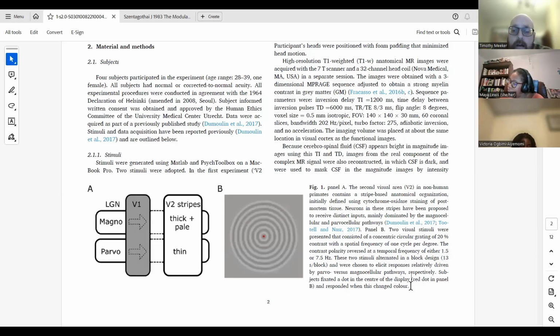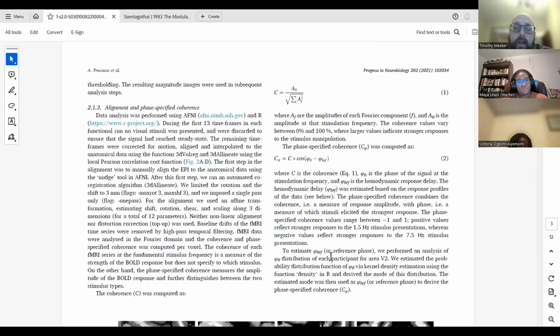And then the subjects were told to fixate on this dot throughout the whole time. And if they did that and they see this thing alternating back and forth, it's going to light up these two different areas of the visual cortex alternatingly. And this allows you to extract the signal in a reasonable way.